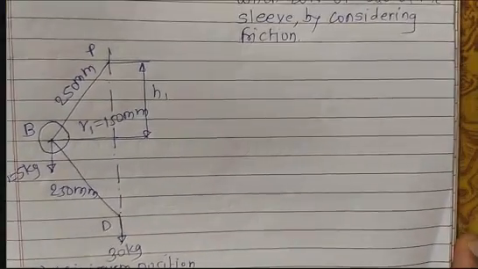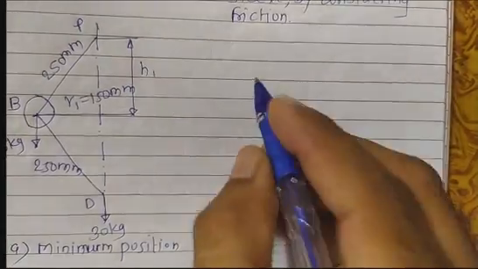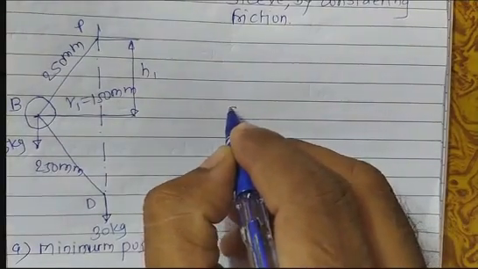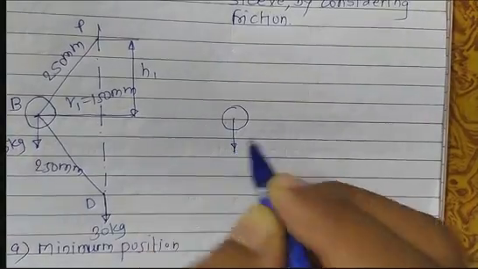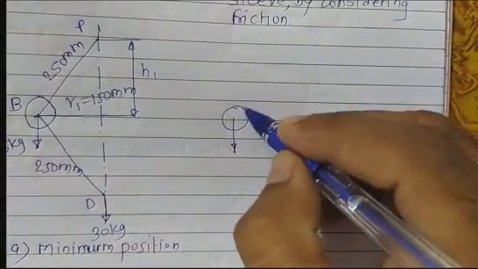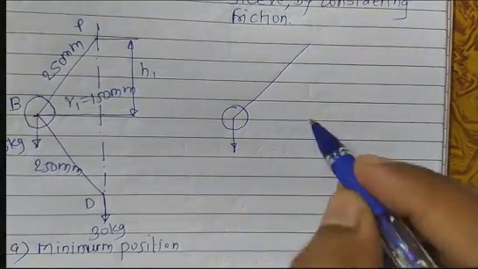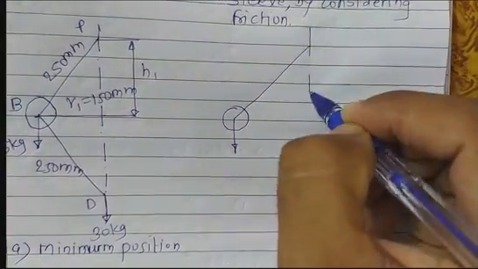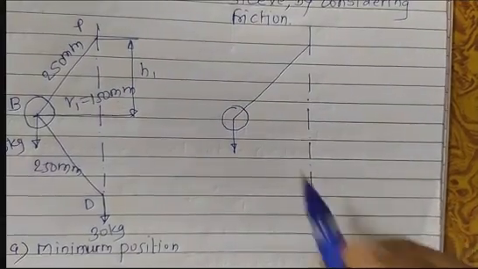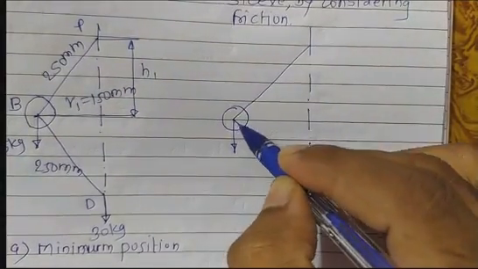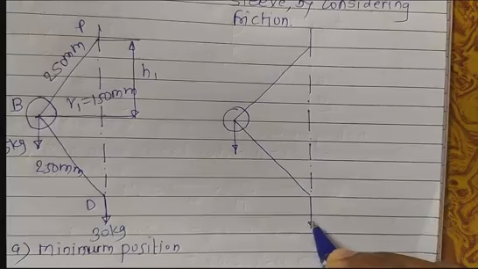Now we'll draw the diagram by considering the maximum position. Here the only change is regarding the radius of rotation, other things will remain as they are.